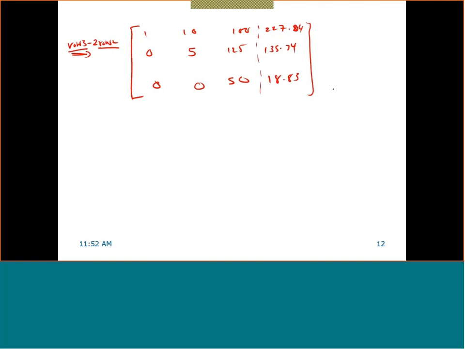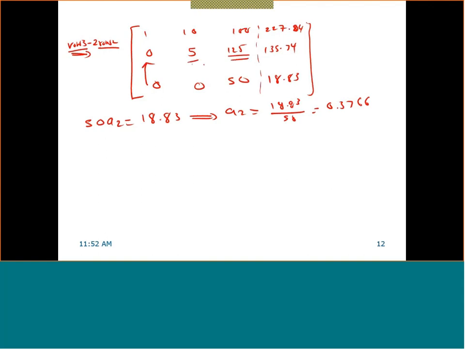Now I will go for the backward substitution. So here we have 50 A2 equal to 18.83. From this, I can find my A2, which is equal to 18.83 divided by 50, which is equal to 0.3766. And then I will go up, backward substitution. Now I know A2, I need to find A1.